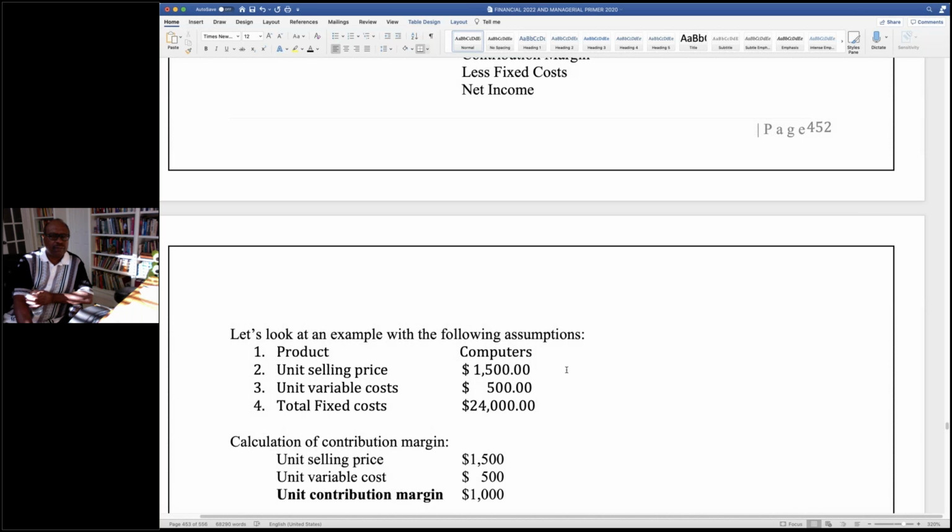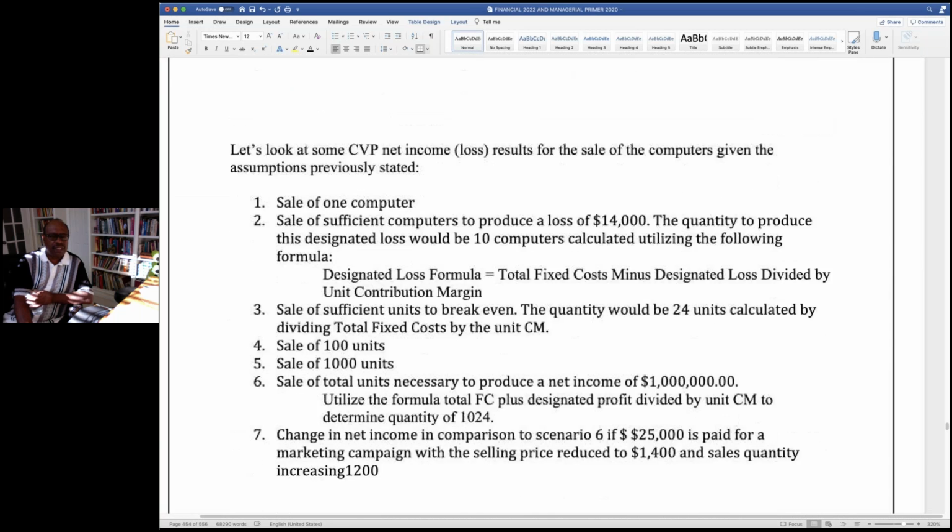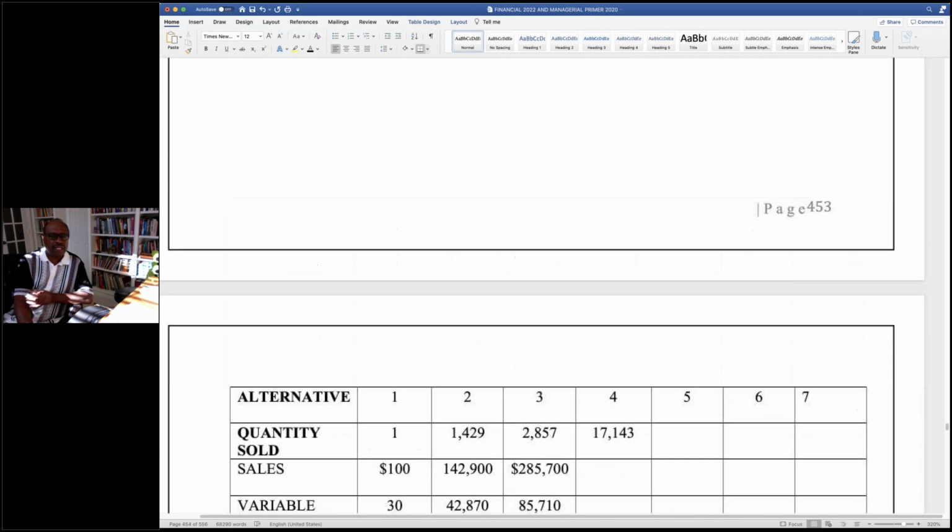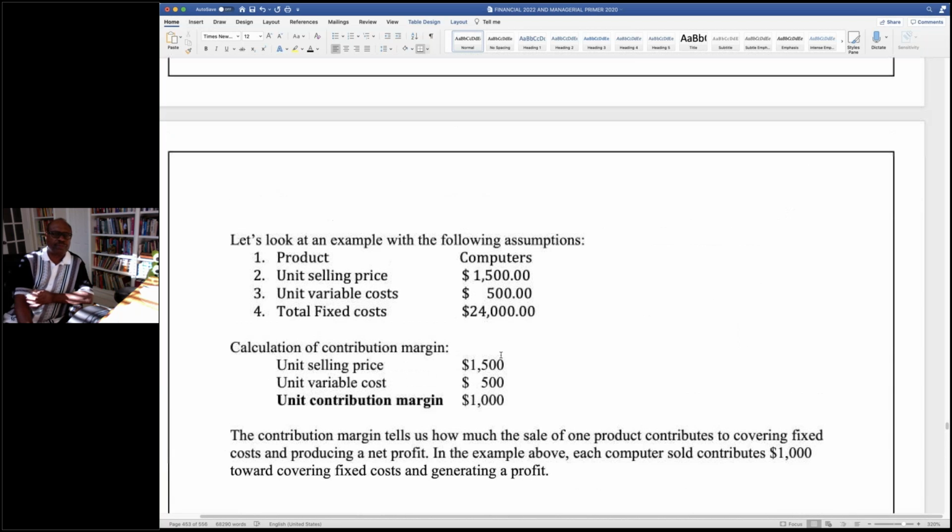Suppose we had a unit selling price of 2,500. So we're selling a computer for 2,500, and the variable costs of producing it were 1,500.